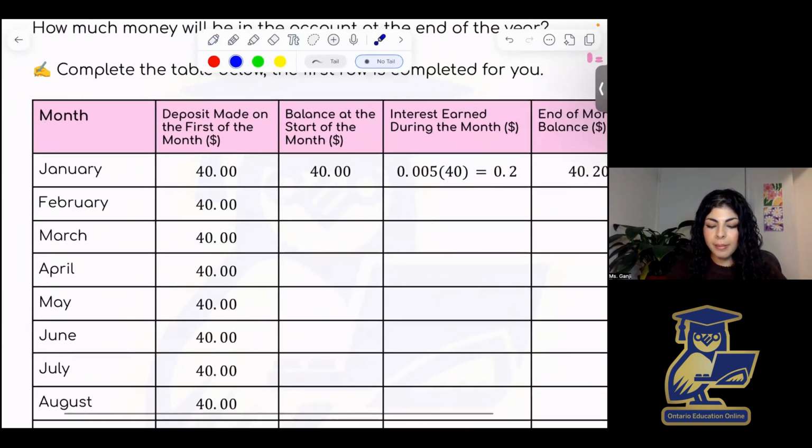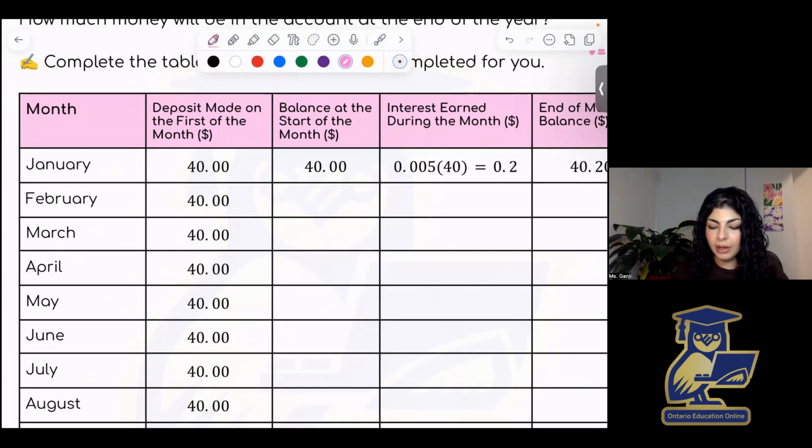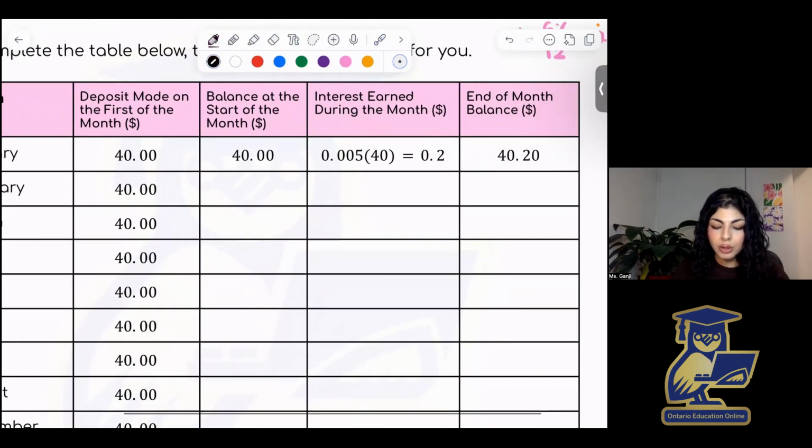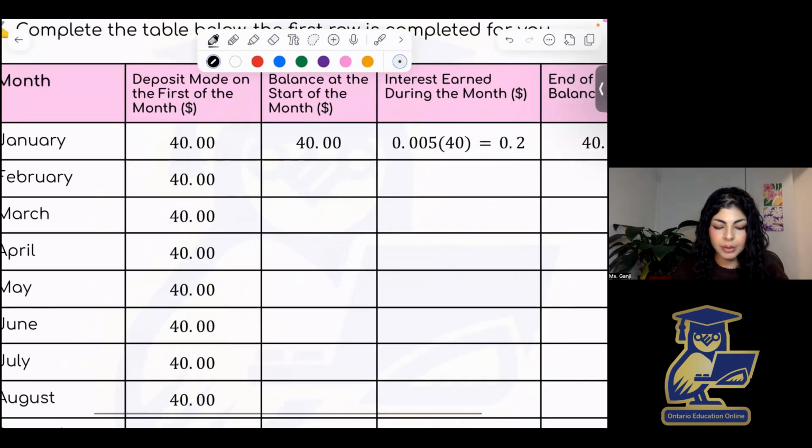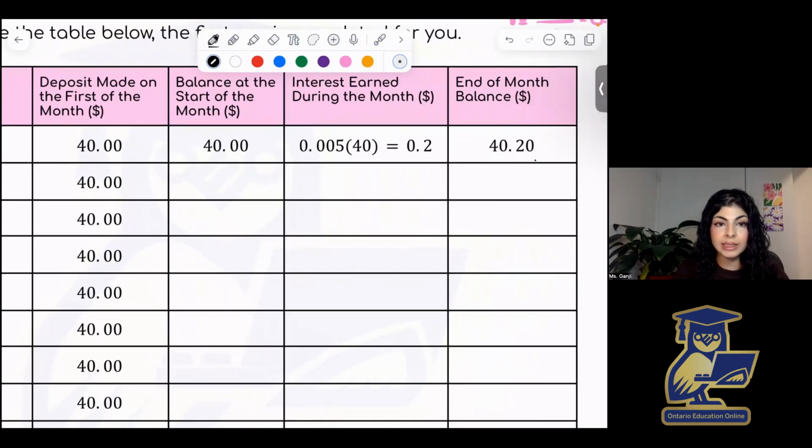Now I'm going to do maybe a couple more rows and then let you try the rest. So now February comes around, and again, on the first of the month, we make a $40 deposit. But we already had $40.20, which means my balance at the beginning of the month is now $80.20.